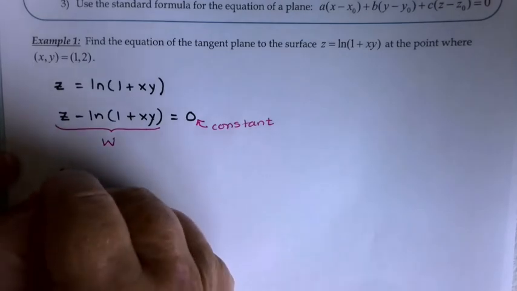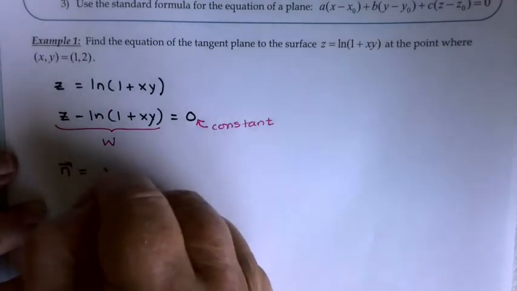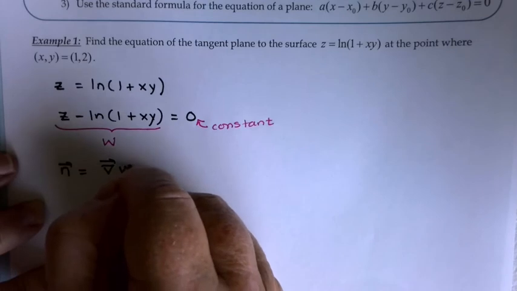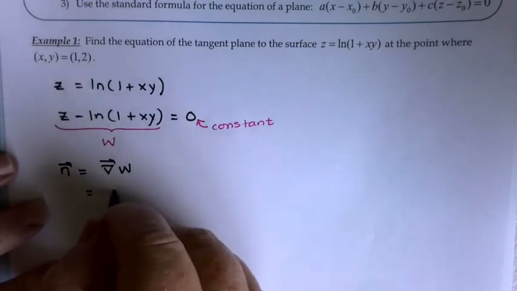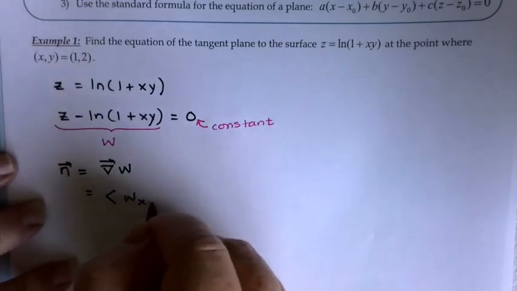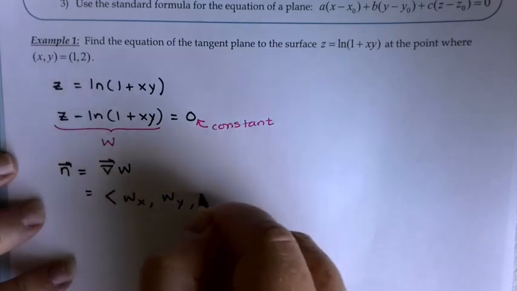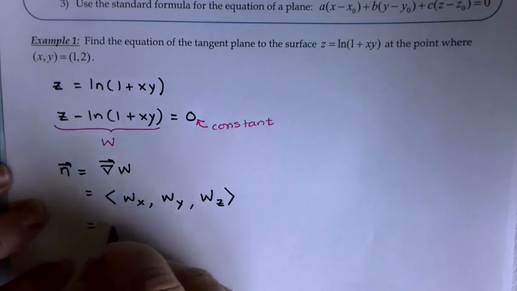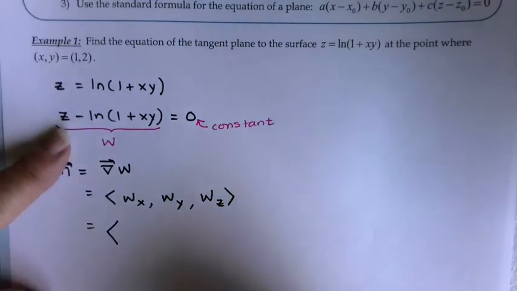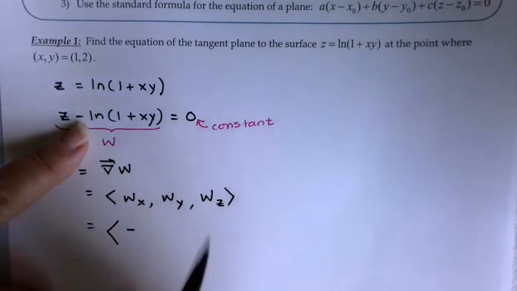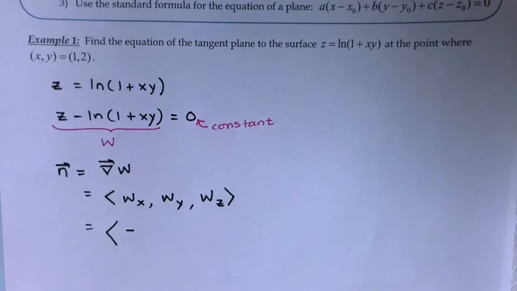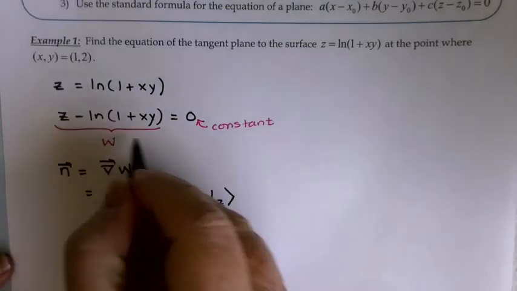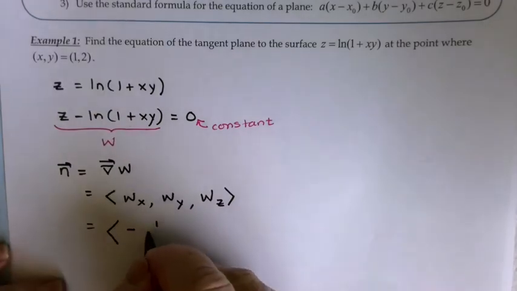So, our normal vector, the gradient of w, would be w with respect to x, w with respect to y, and w with respect to z. That's going to be a negative, let's see, my derivative for my natural log would be 1 over the 1 plus xy.